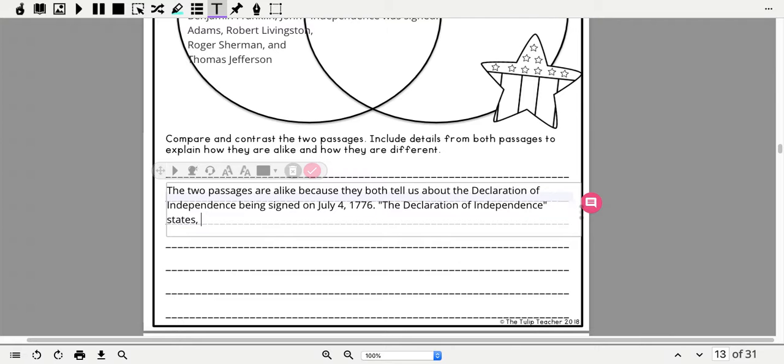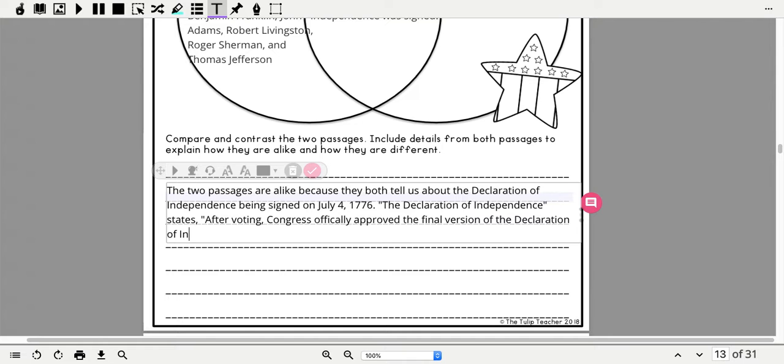And now I'm putting my comma and quotation marks because this is coming directly from the text: "After voting, Congress officially approved the final version of the Declaration of Independence on July 4th, 1776."